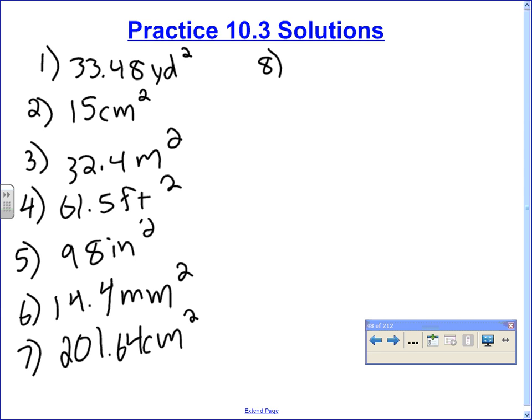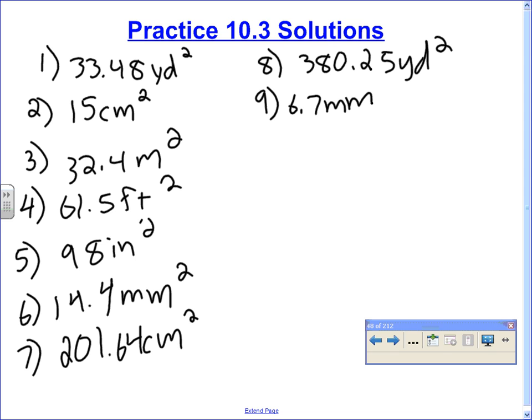Charles, number 10. Good job. Annalise, number 11. Good. Sean, number 12. Good. And what kind of figure was it? Good. I'm just going to abbreviate because I don't have much room here.